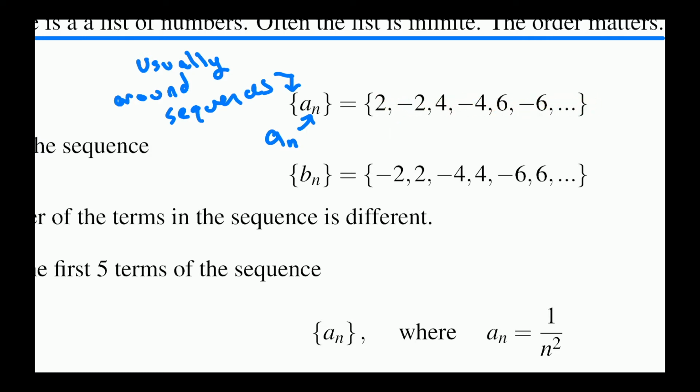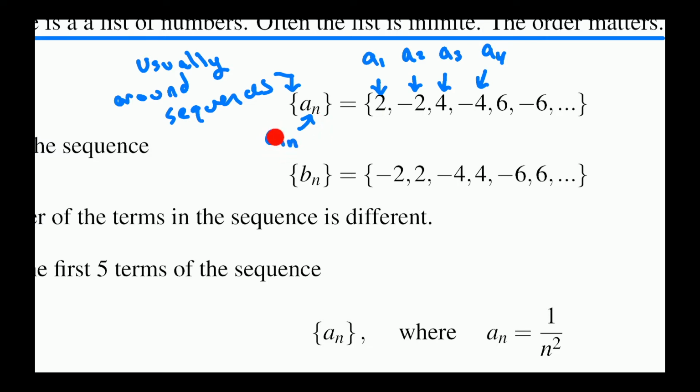You might call the first one a_1, the second one a_2, the third one a_3, a_4, and so on. You can just number them up that way. That's why you would want to call it a_n.